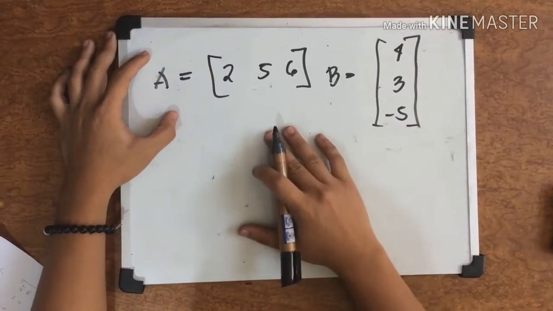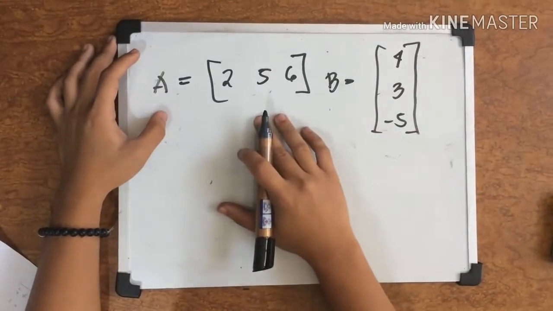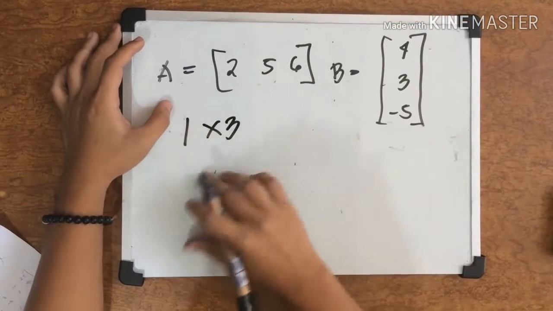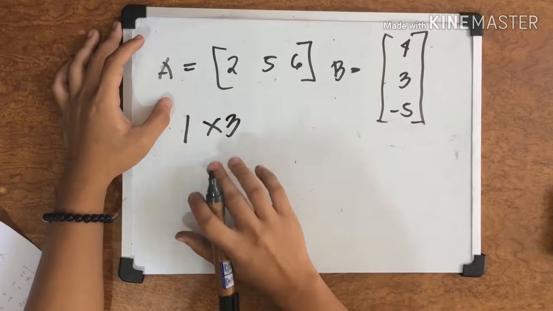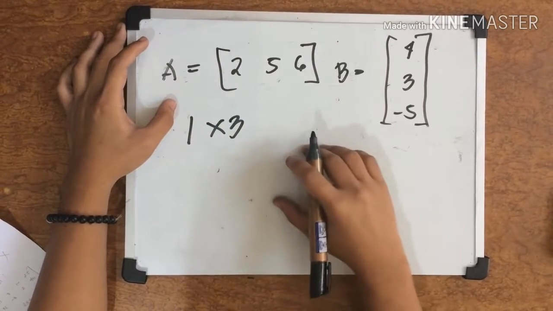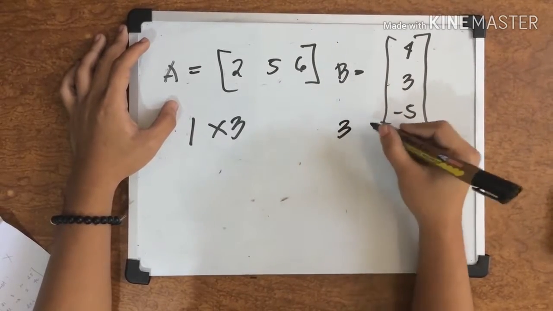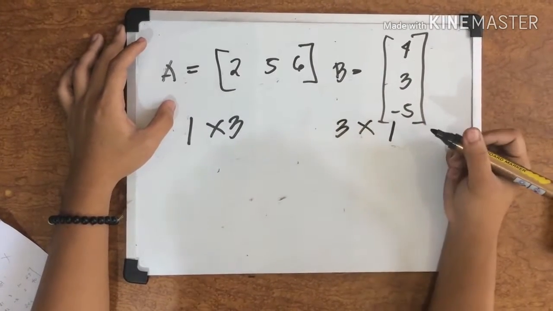Now, as you can see, matrix A has 1 row and 3 columns. So, it is a 1 by 3 matrix. And matrix B has 3 rows and 1 column.